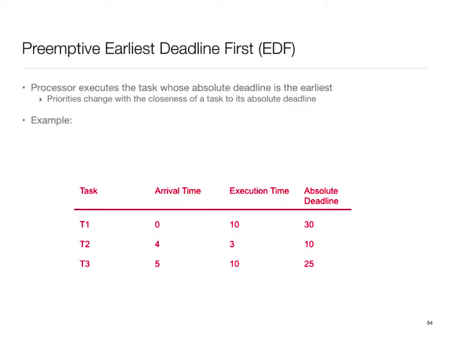So T2 still gets to run. T2 will run from 4 through 7 because it's 3 time units. At 7, T2 is finished. Now T3 gets to run because its wall clock deadline is sooner than T1's. From 7 through 17, T3 will run, and then from 17 through 23, T1 will run because T1 had already used up 4 units of computation time. That's what will happen here.